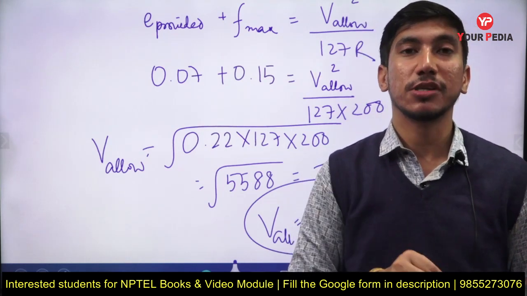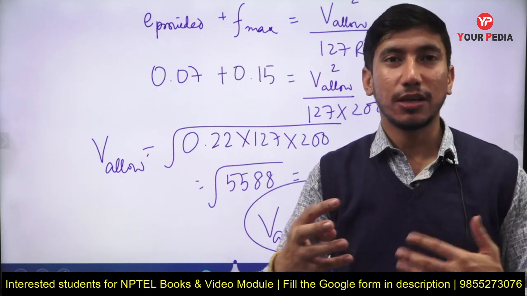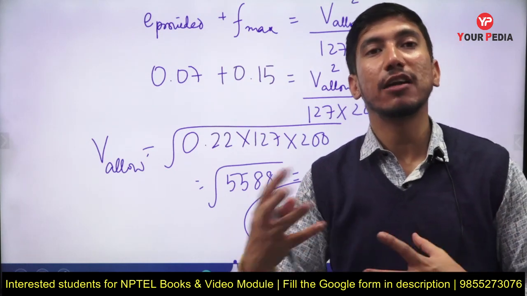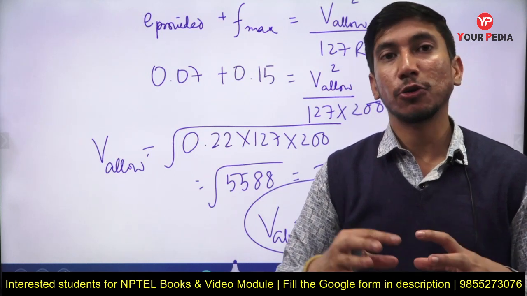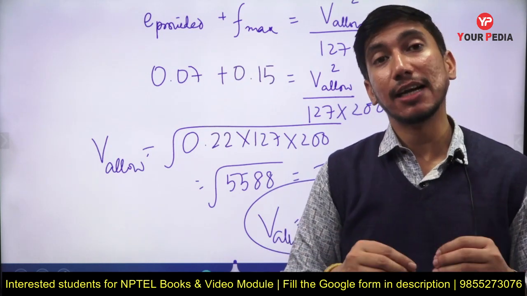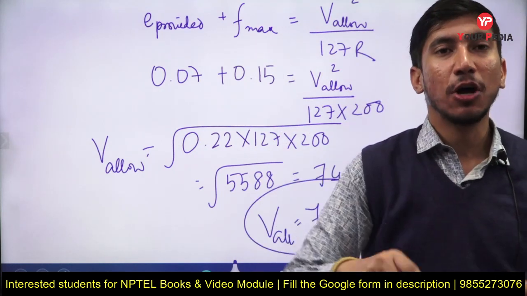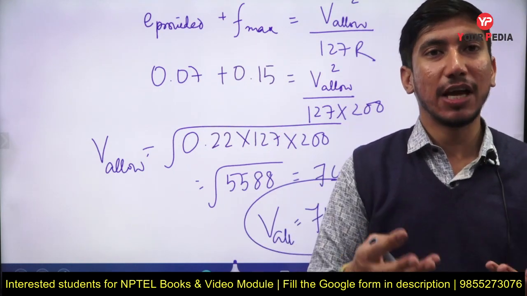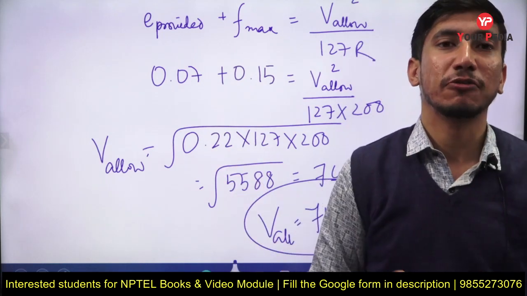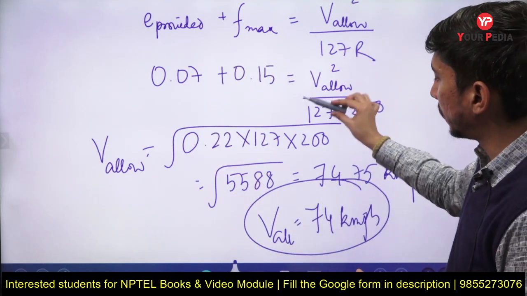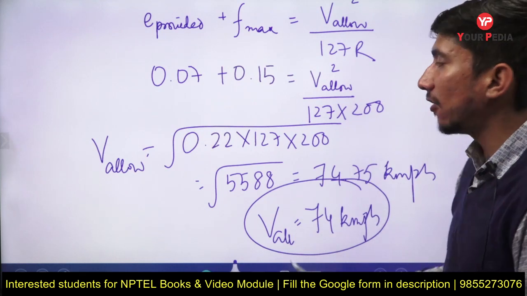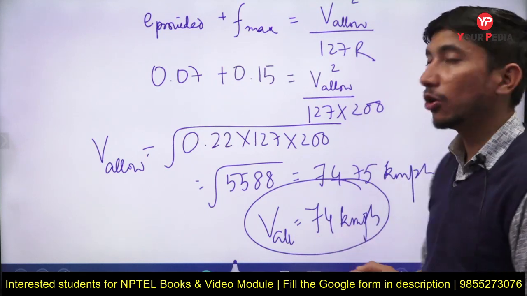Now when we limit the value to 7%, we saw what amount of lateral friction is required in that case in order to make the design safe, and that value of lateral friction comes out to be greater than the safe value. So in this case, we have to reduce the value of velocity, and the value of speed that I have reduced on the horizontal curve is 74 km per hour.